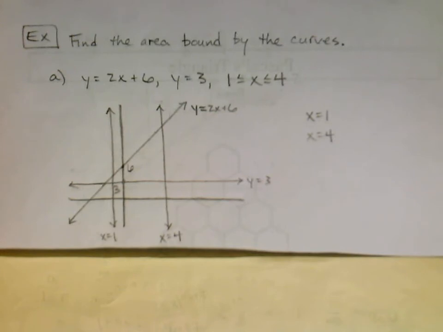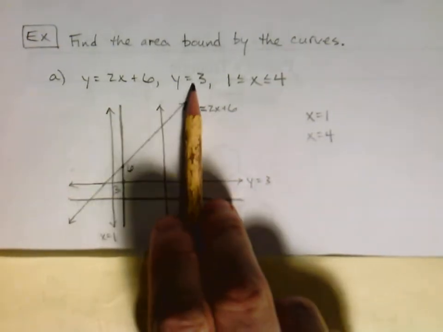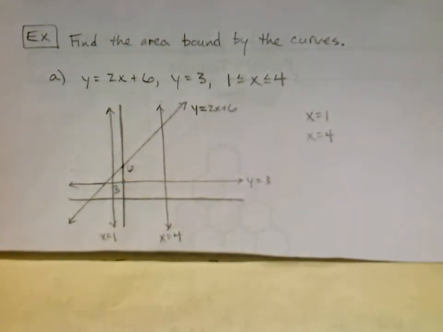Now, the first part of the problem is just figuring out which area they intend us to try and find. And it's a good idea to get a sketch and to shade it yourself. The area bound by the curve. So here's the idea. These 4 curves are the 4 boundaries. So the region is going to touch all 4 of them.